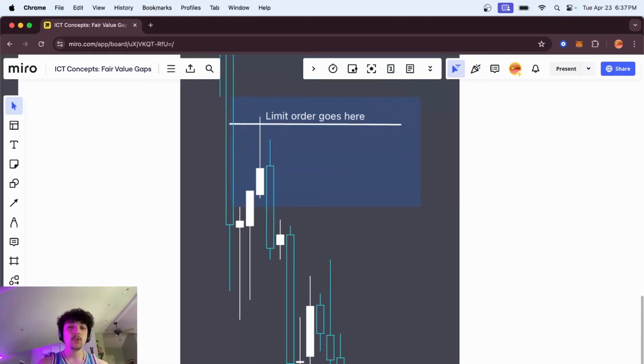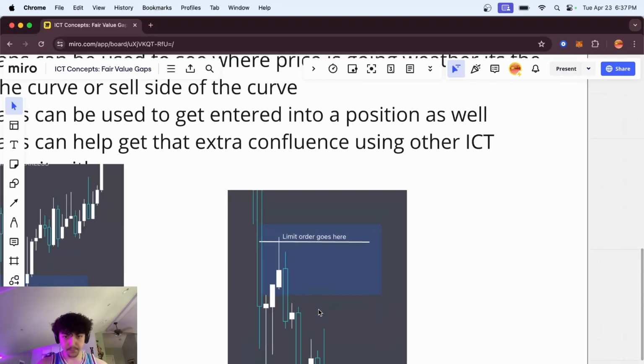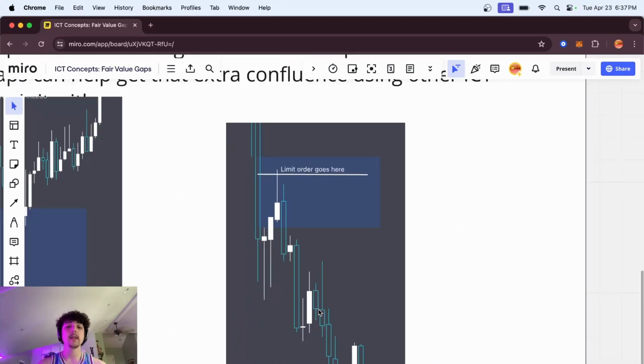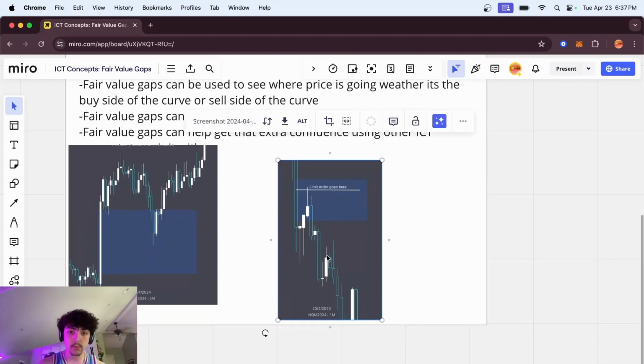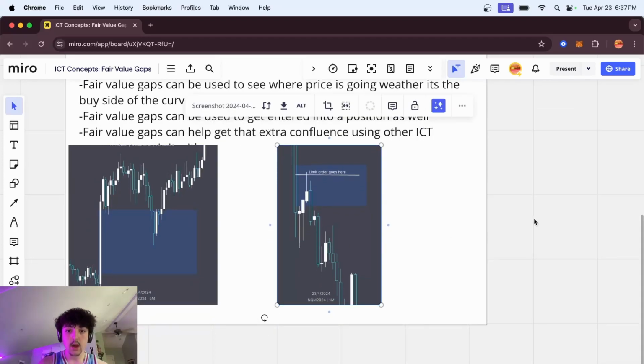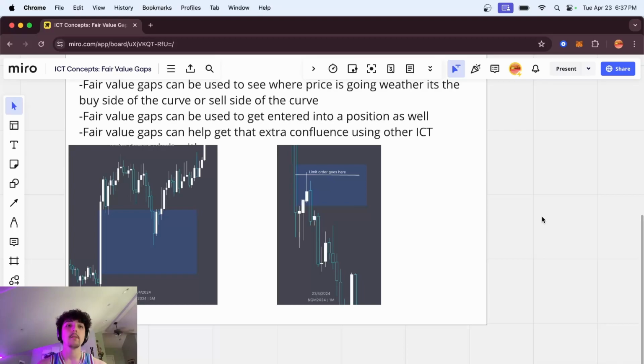So I do want you guys to understand though that having these, having fair value gaps and things like that, is only one piece to the puzzle. I don't want you guys to just see a fair value gap and then start entering off of it, because you need the confluence. Why? Because fair value gaps are supposed to help lead your mind in the direction of where price is going to go.